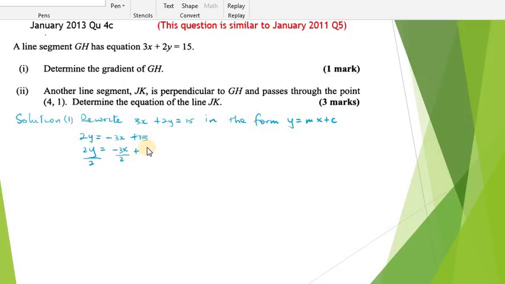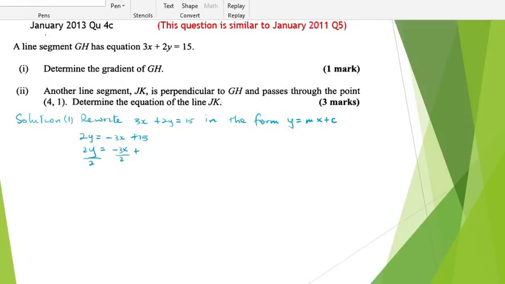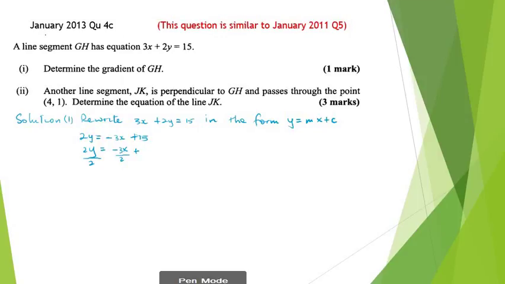So y is equal to negative 3 on 2 x plus 15 on 2, which is 7.5.